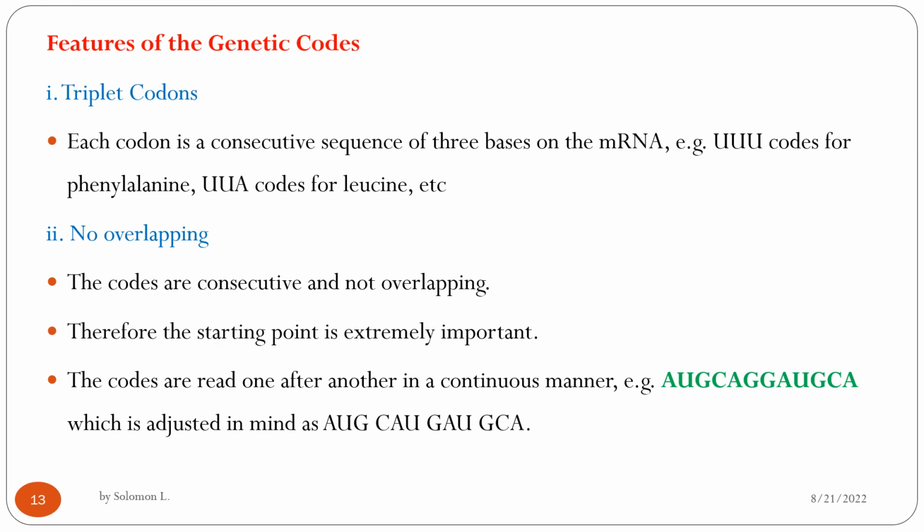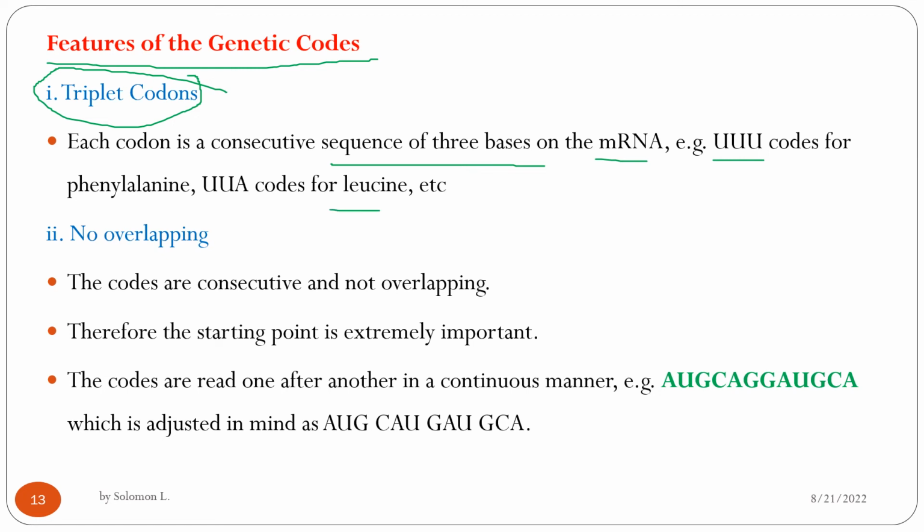The next point is about features of genetic codes. The first feature is that they are triplet codons. Each codon is a consecutive sequence of 3 bases on messenger RNA. For example, uracil, uracil, uracil codes for phenylalanine, uracil, uracil, adenine codes for leucine, and so on. The other feature is that they are non-overlapping in nature. The codons are consecutive and non-overlapping.